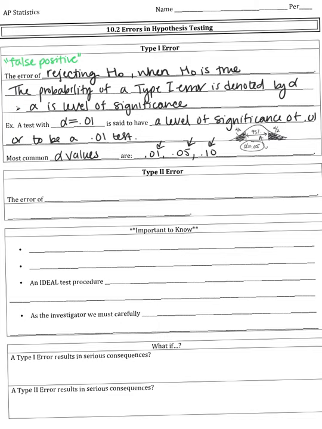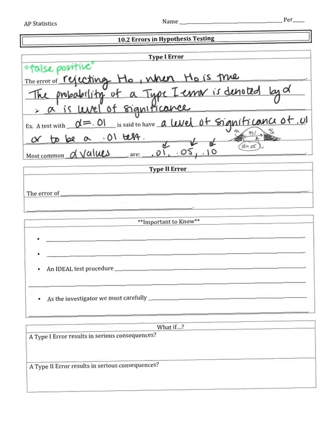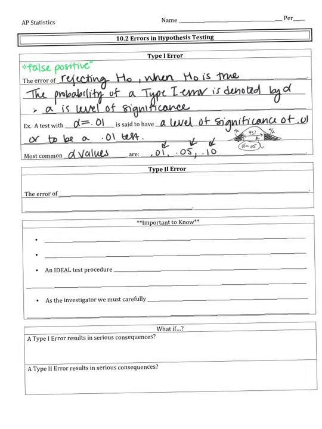All right, type 2 error, also known as a false negative. This is when we're failing to reject the null when the null is actually false.